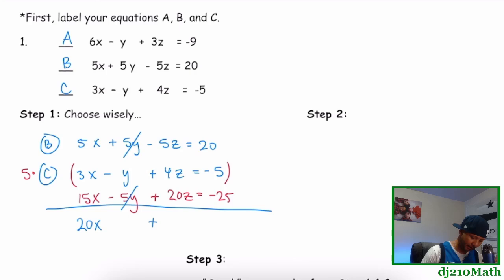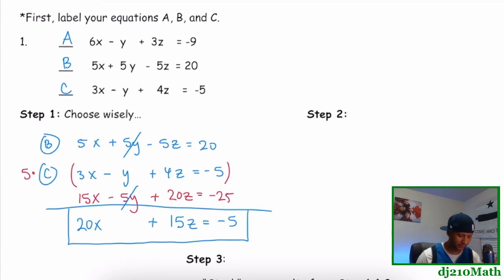Negative 5 plus 20 is 15z. And 20 plus negative 25 is negative 5. So here is one of my equations with y eliminated.